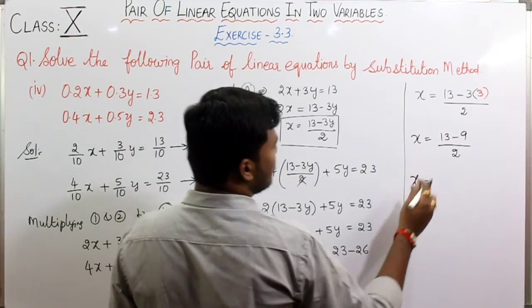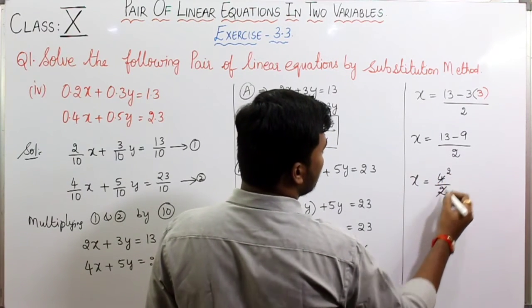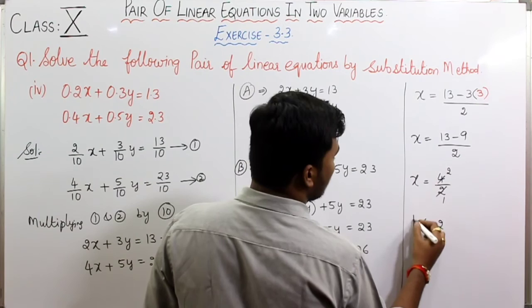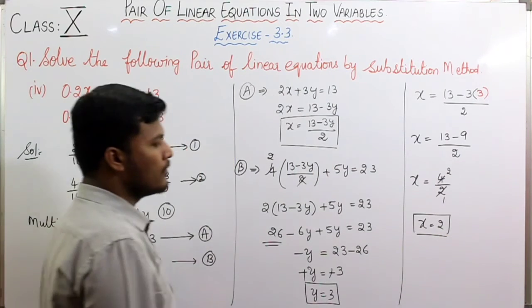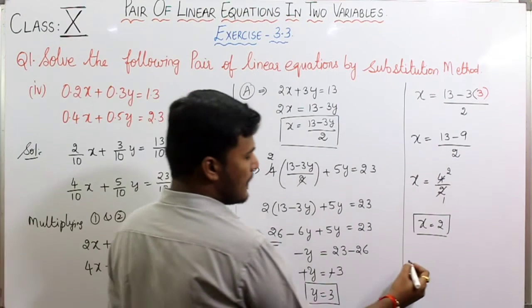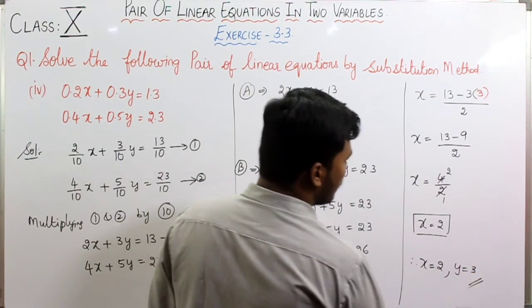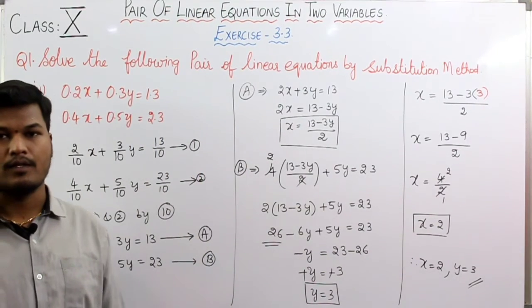So 13 minus 9 is 4 by 2, that is 2 ones, 2 twos. So therefore x is equal to 2. Therefore the solutions of this pair of equations are x is equal to 2 and y is equal to 3.